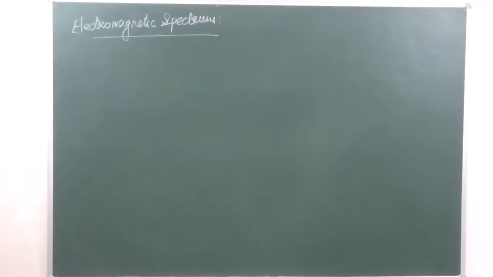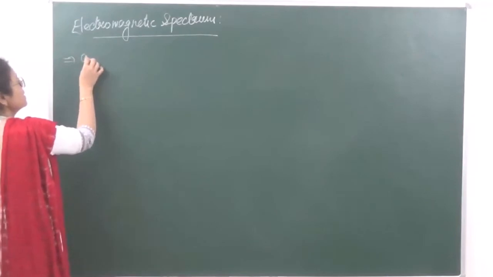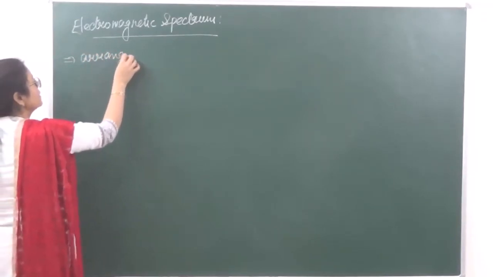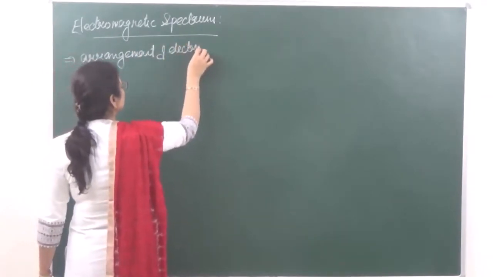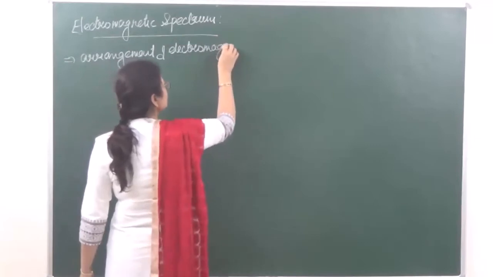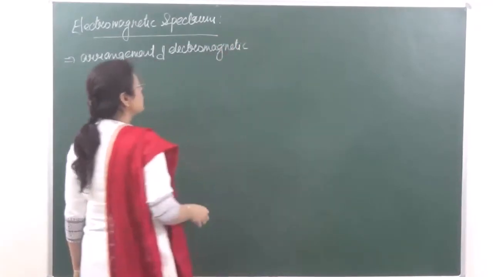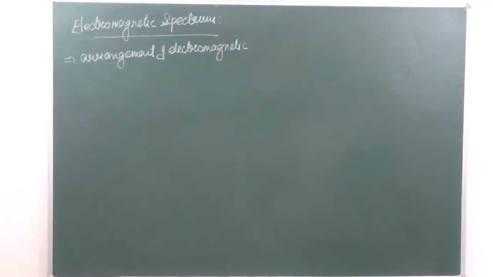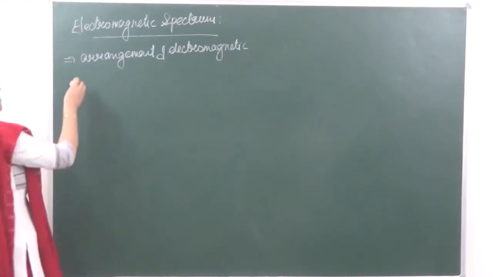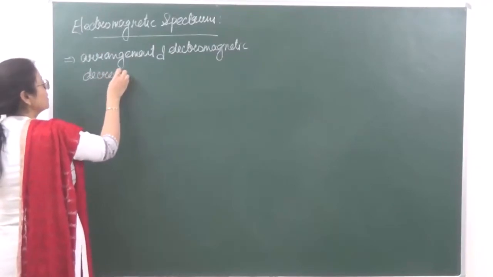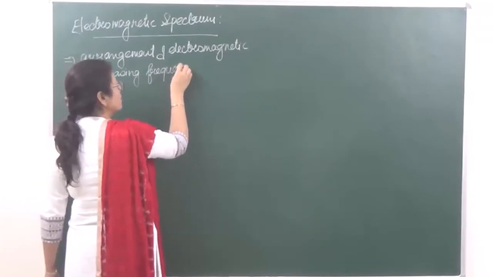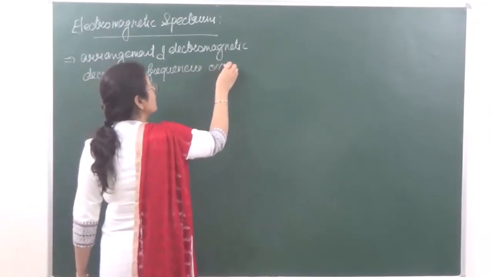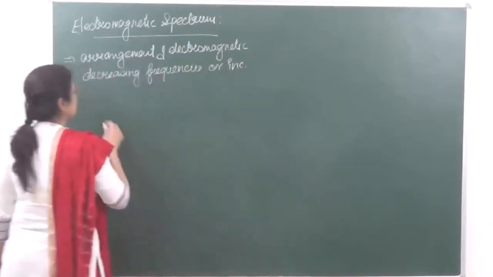Electromagnetic spectrum. What do we understand by electromagnetic spectrum? Electromagnetic spectrum is the arrangement of electromagnetic radiations in order of their decreasing frequencies or increasing wavelengths.